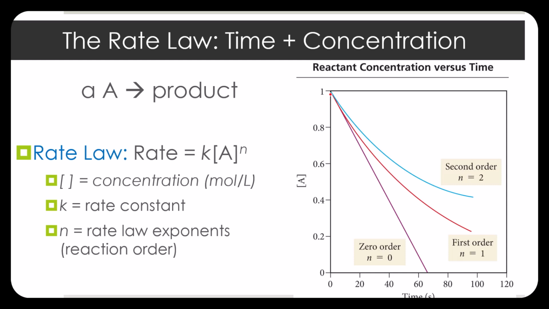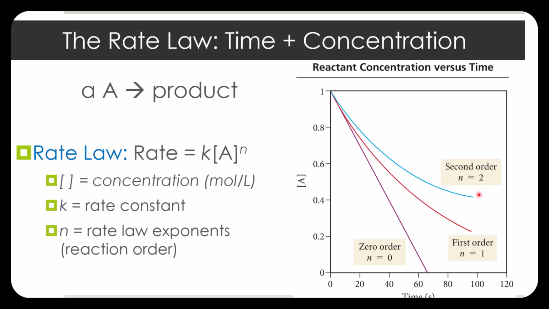If we go back to this graph, remember rate is wrapped up in the slope of this line right here. So we're going to focus on the blue line. When we have a lot of reactant, that slope's going to be very steep. But as we cut out a little bit of our concentration, we see that the rate hits the brakes. It slows down a lot.